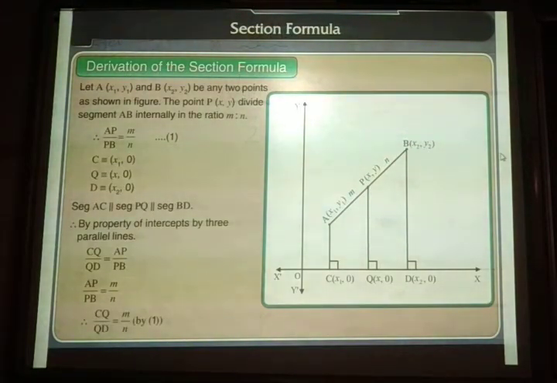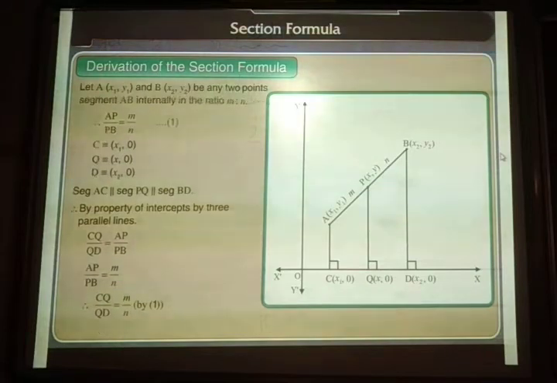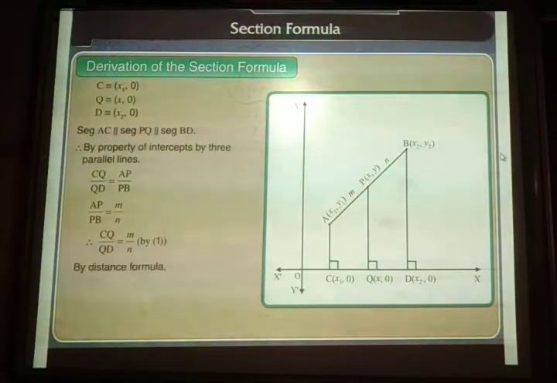Therefore, CQ upon QD is equal to m upon n. We know that by distance formula, CQ is equal to x minus x1 and QD is equal to x2 minus x. Therefore, (x minus x1) upon (x2 minus x) is equal to m upon n.